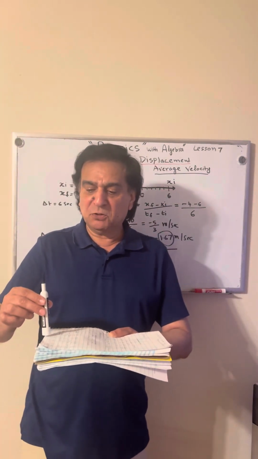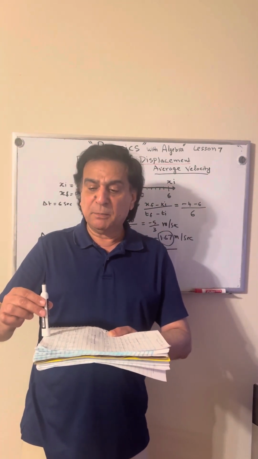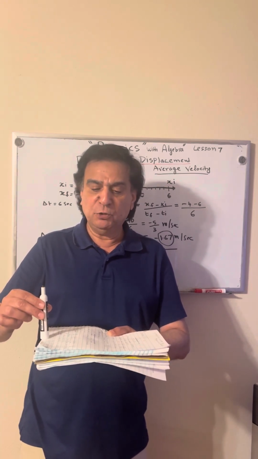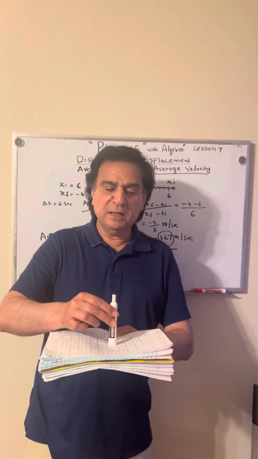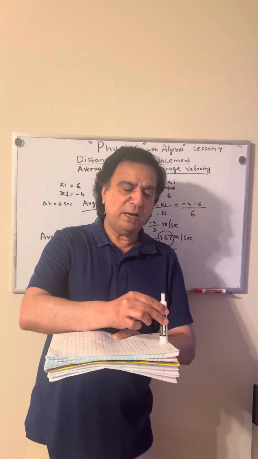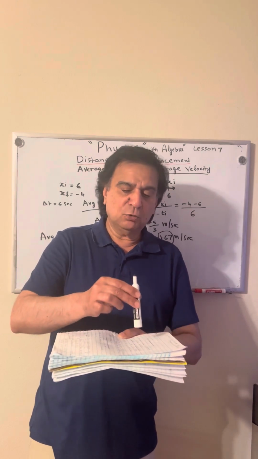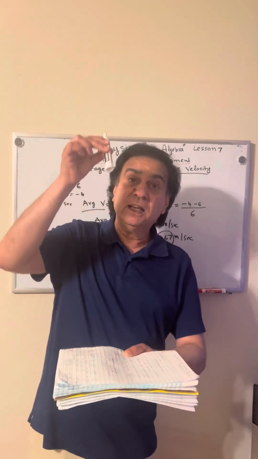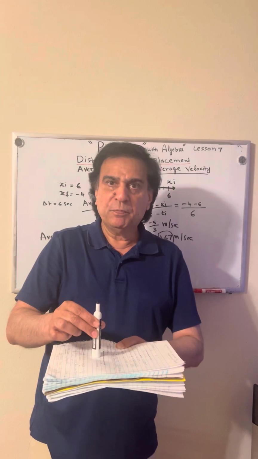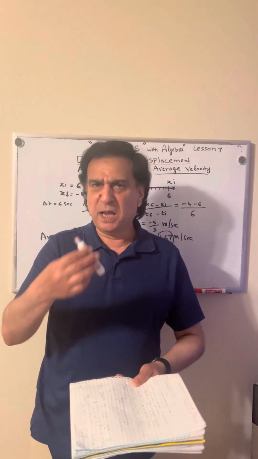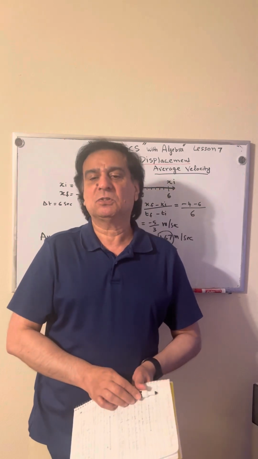But instantaneous velocity is velocity at a particular instant. You might be going real fast and you reach here in 3 seconds, and then you slow down and you might reach your destination in 2 seconds. So then velocity taken at any given point, all right, is called instantaneous velocity, and we'll dive into that in my upcoming lectures.